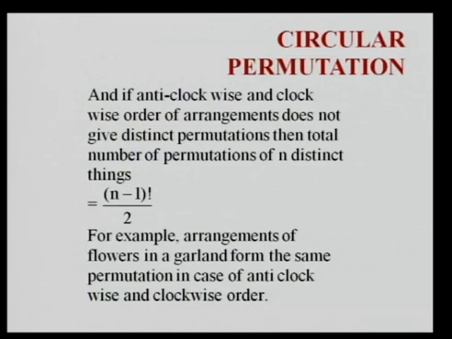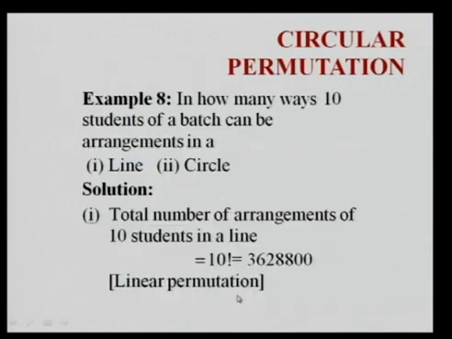If anti-clockwise and clockwise do not make different arrangements, we have half of the total arrangements. So in that case we have factorial n minus 1 by 2. For example, arrangements of flowers in a garland form the same permutation in case of anti-clockwise and clockwise order.